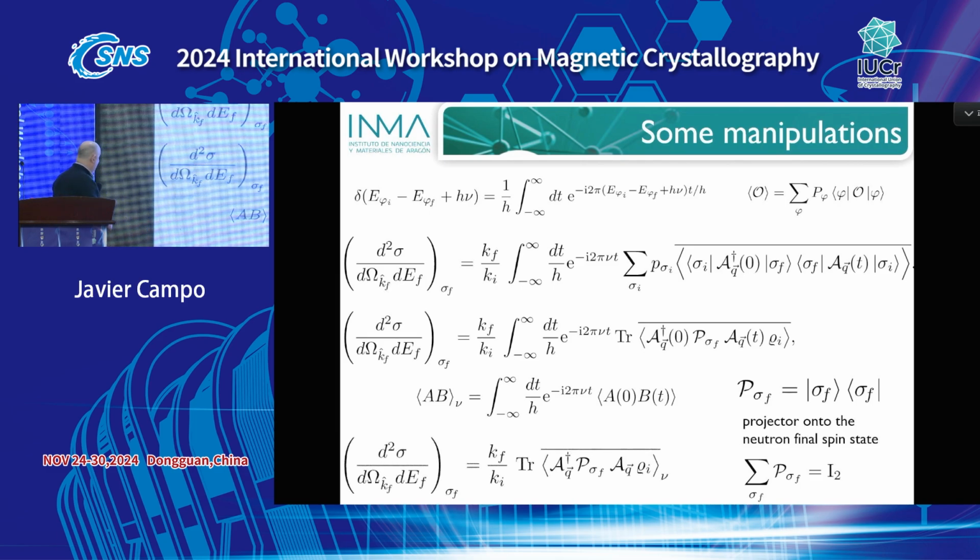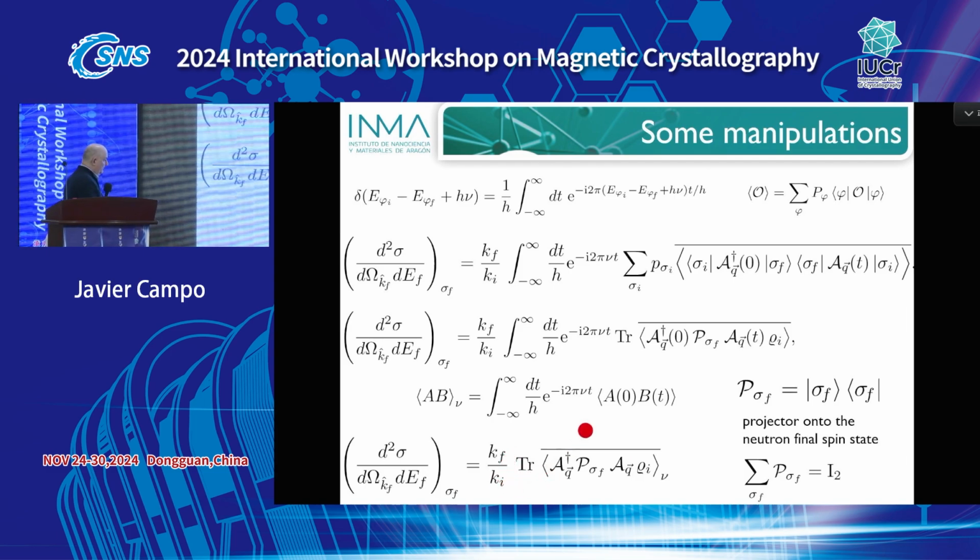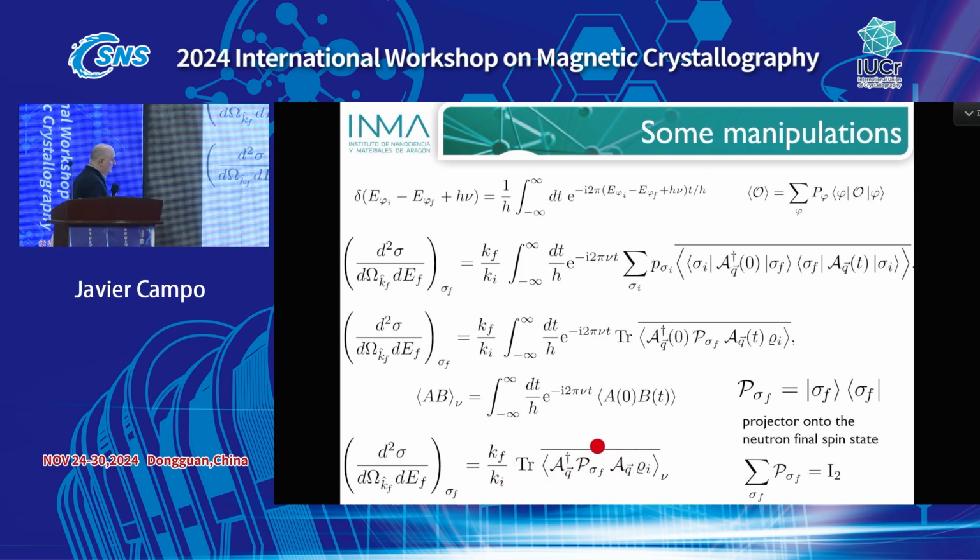And with this, we end up with this very short but very condensed expression: Kf, Ki, initial momentum and final momentum of the neutron, trace of this correlation of two operators with the projection of the operator onto a given final state, and the density matrix of the incident beam. And nu is because we are doing this kind of integral.